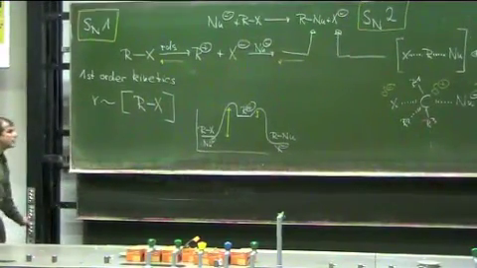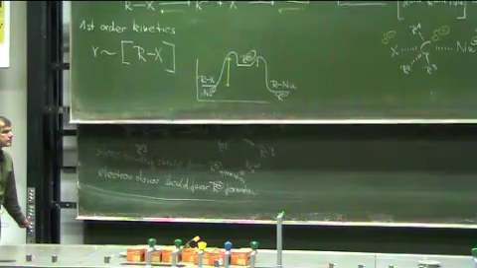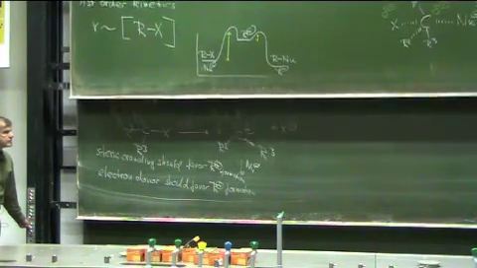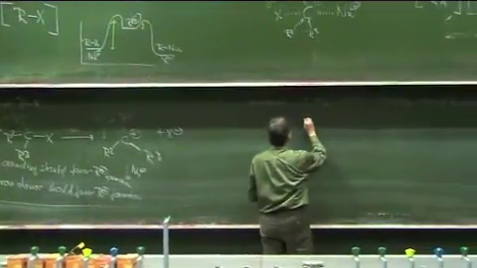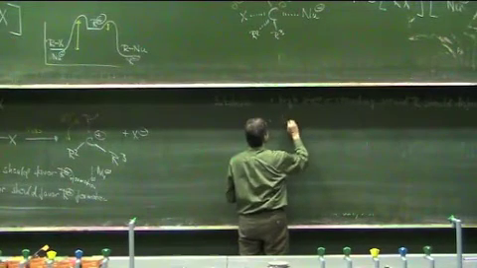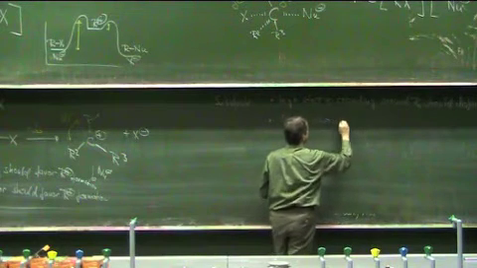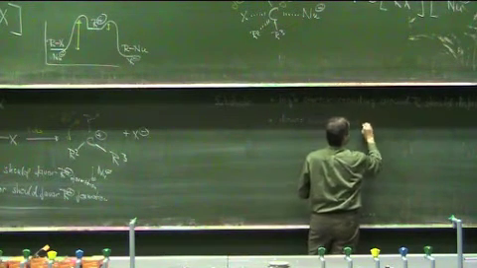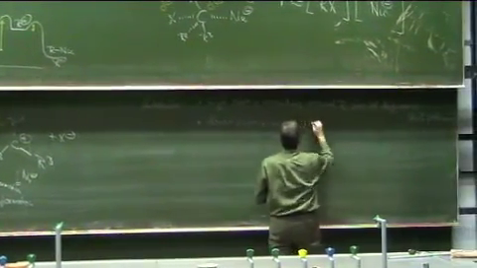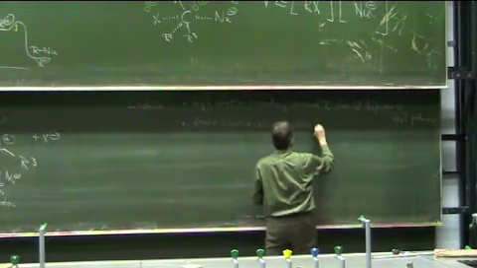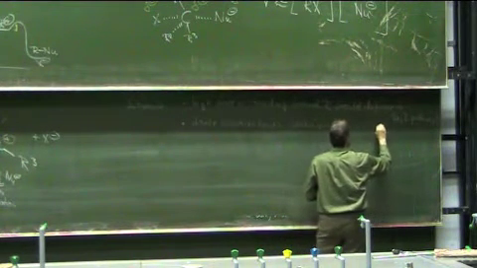So that's from a simply electronic point. So donor substituents, let me put it this way, also stabilize the transition state in an SN2 reaction.